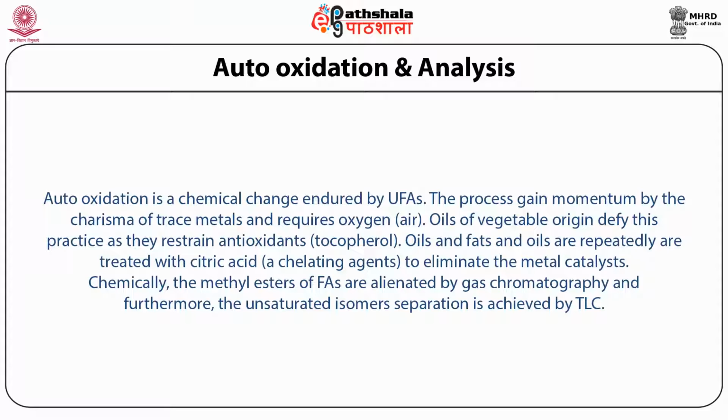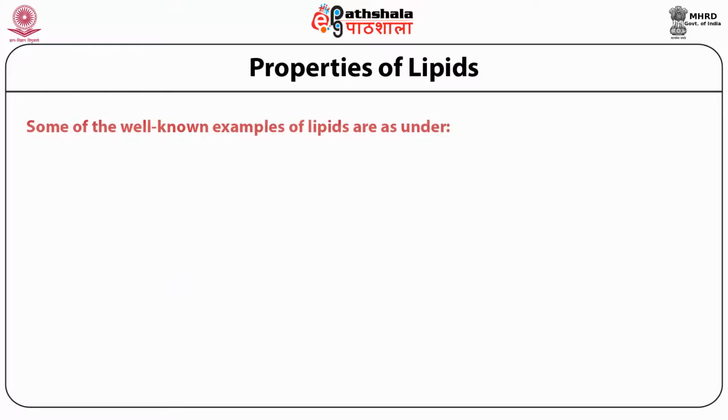As far as the analysis is concerned, chemically, the methyl esters of fatty acids are separated by gas chromatography, and furthermore, the unsaturated isomers are separated through thin layer chromatography. Some of the well-known examples of lipids are described as under, as we have explained in the introduction section.